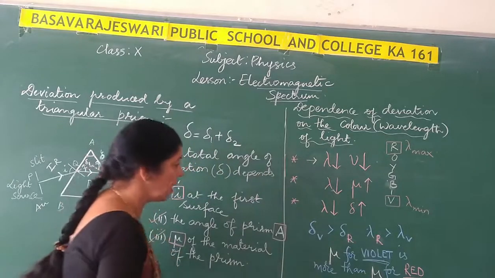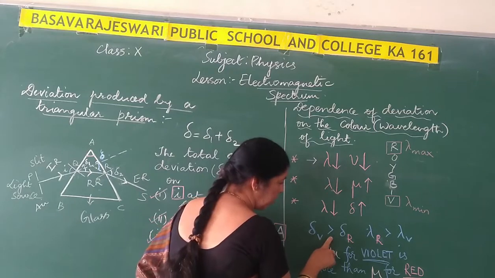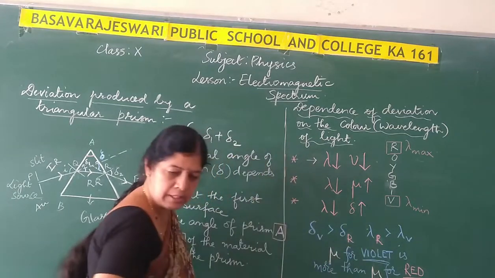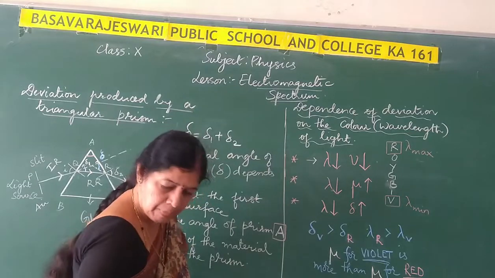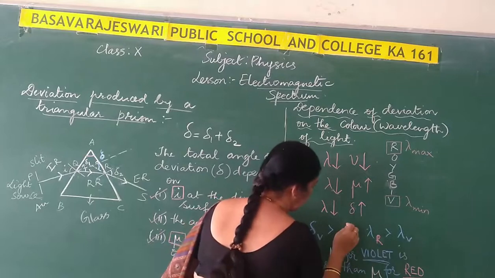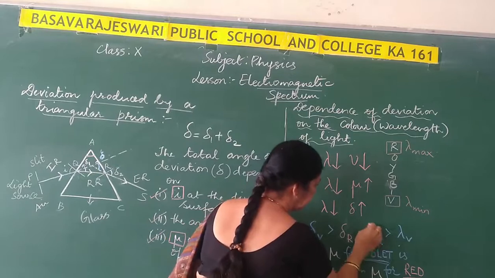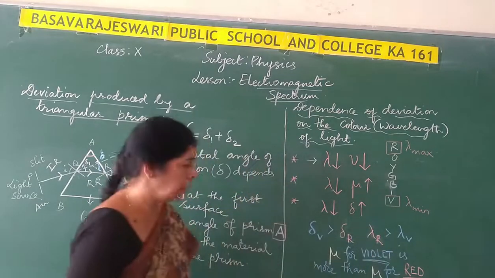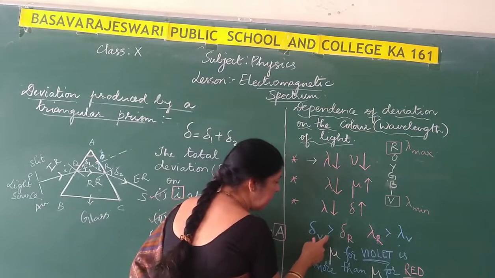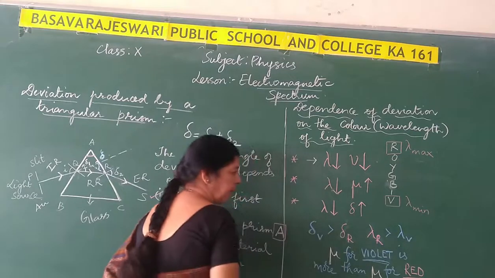Now, you have to note here, the angle of deviation for violet is more when compared to that of red. Understood? So, here I shall change the color so that you can see it better. The angle of deviation for violet will be greater than the angle of deviation for red.